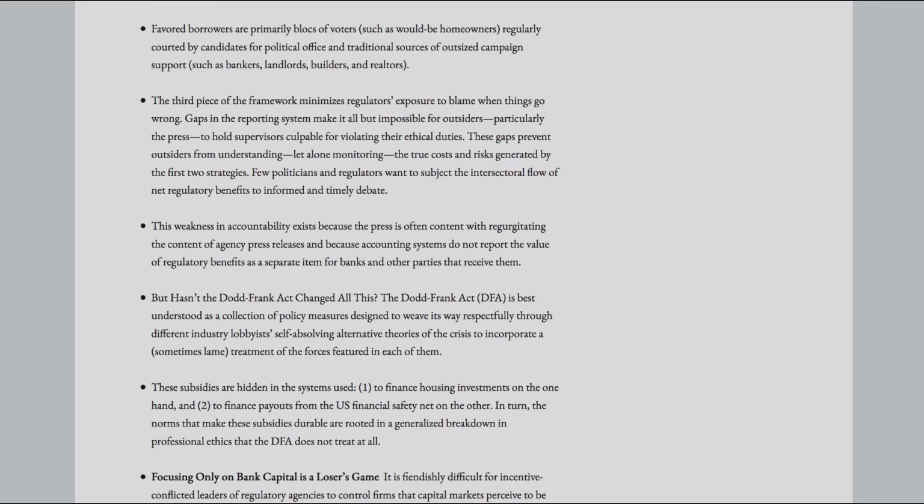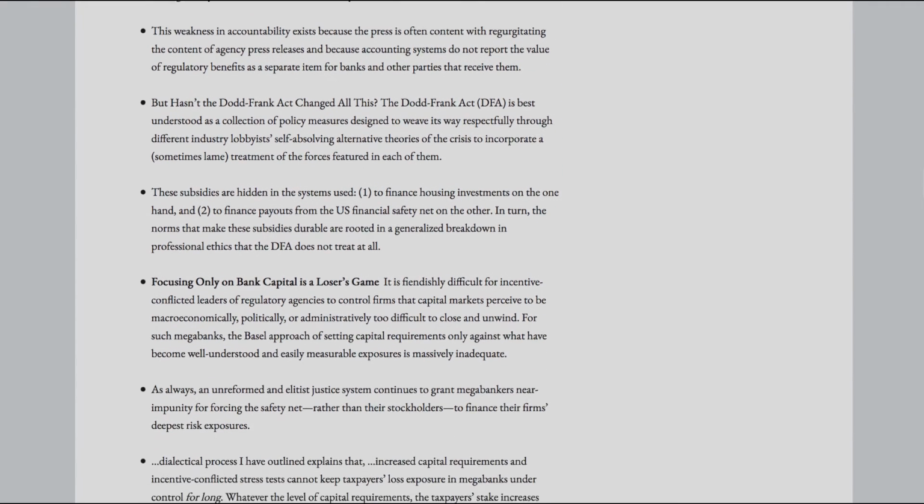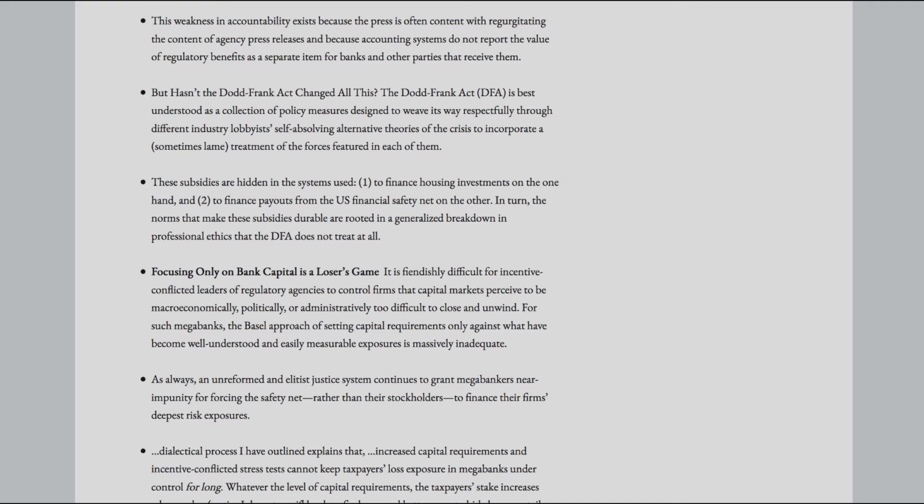Few politicians and regulators want to subject the intersectoral flow of net regulatory benefits to informed and timely debate. This weakness in accountability exists because the press is often content with regurgitating the content of agency press releases and because accounting systems do not report the value of regulatory benefits as a separate item for banks and other parties that receive them. But hasn't the Dodd-Frank Act changed all this?